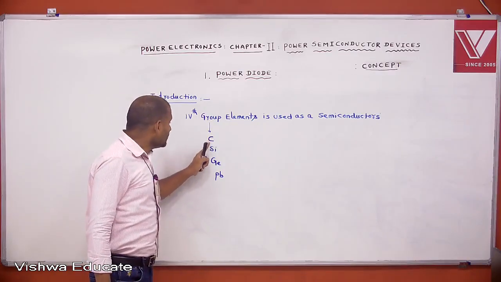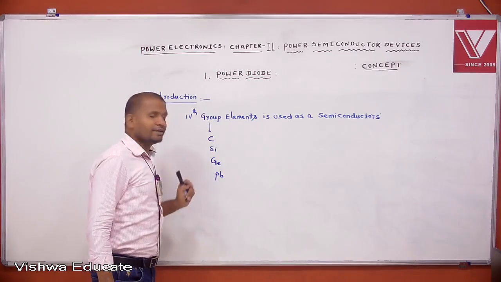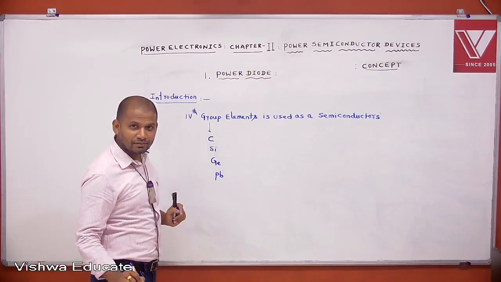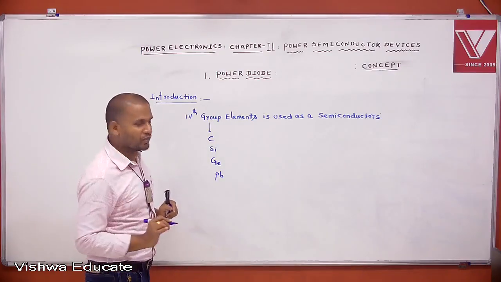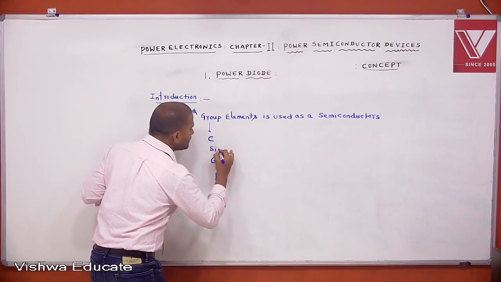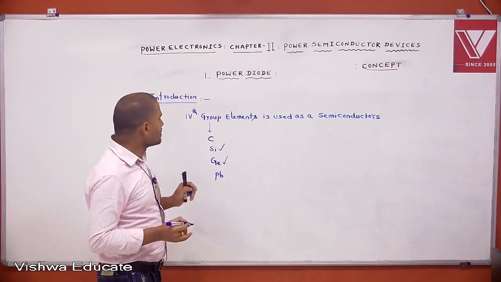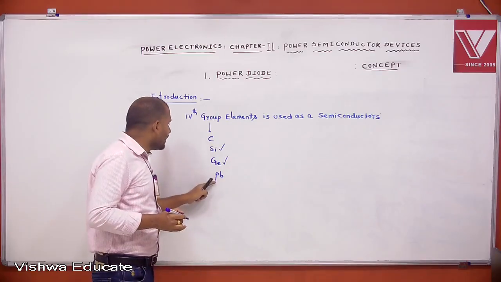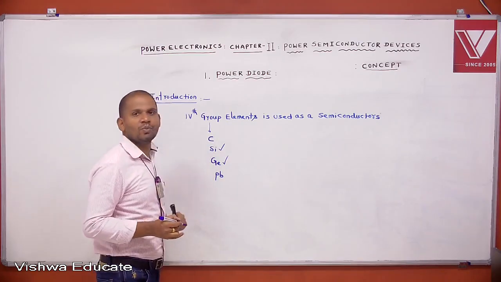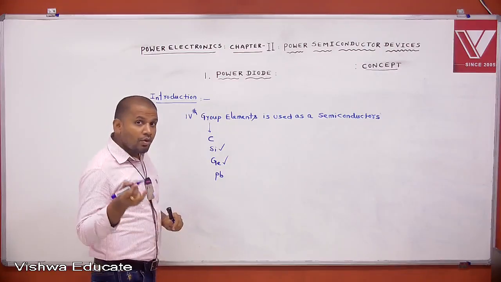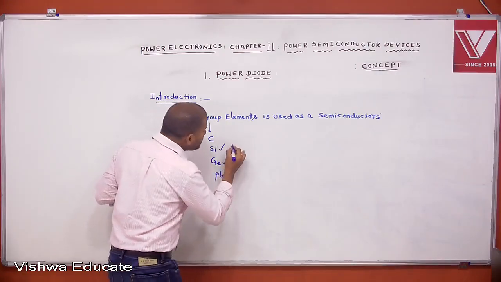Among carbon, silicon, germanium and lead, which is more preferable? Silicon and germanium are more preferable as compared to carbon and lead. Why are silicon and germanium more preferable?